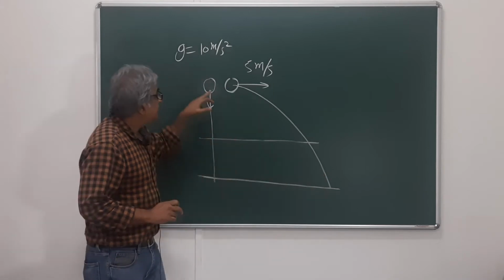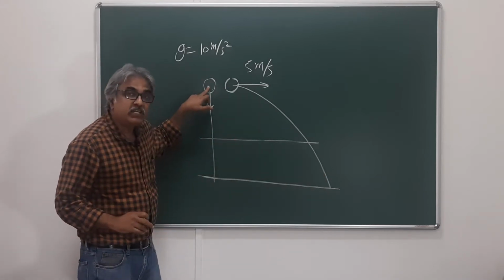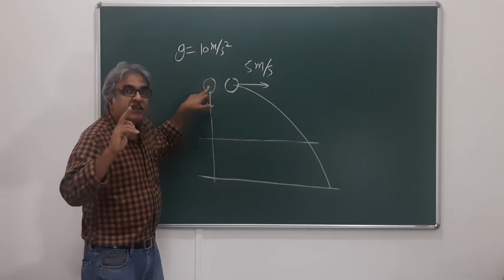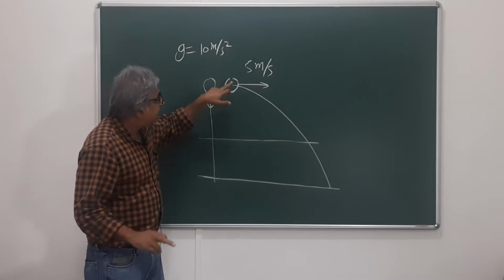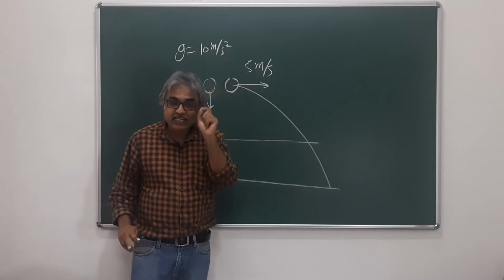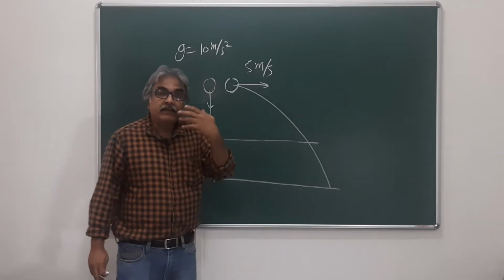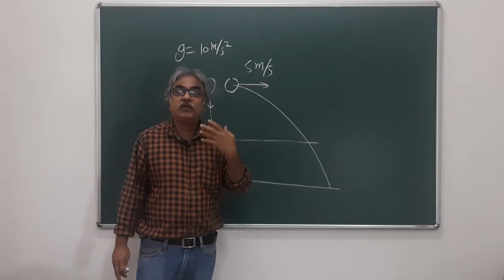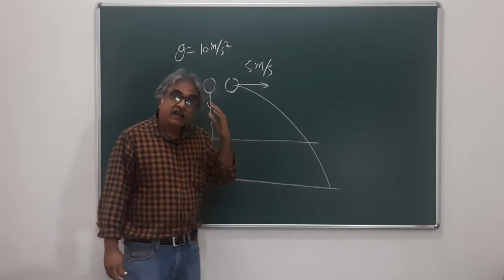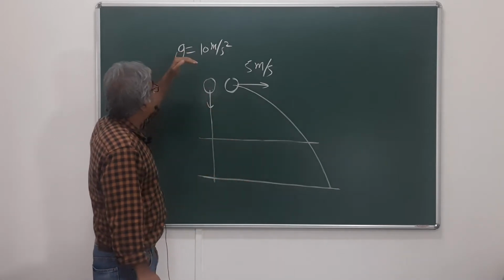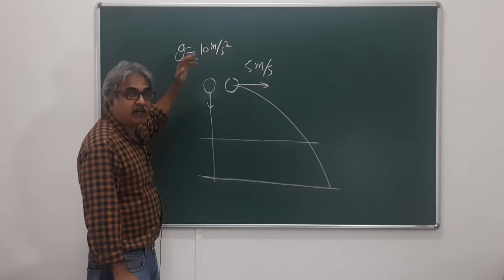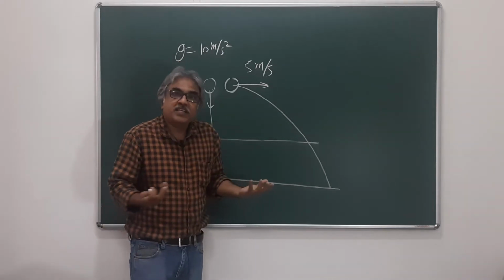The reason is this ball has initial vertical velocity equal to 0. This ball also has initial vertical velocity, that means vertically downward, equal to 0. And both of them are subjected to gravitational acceleration of the same magnitude.